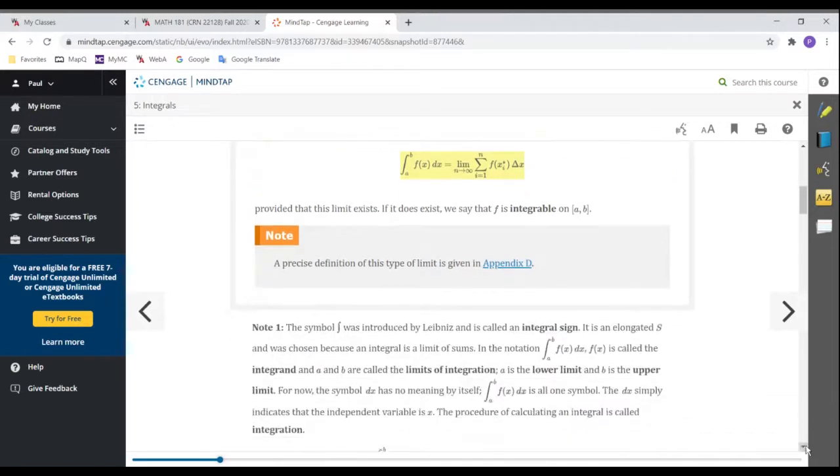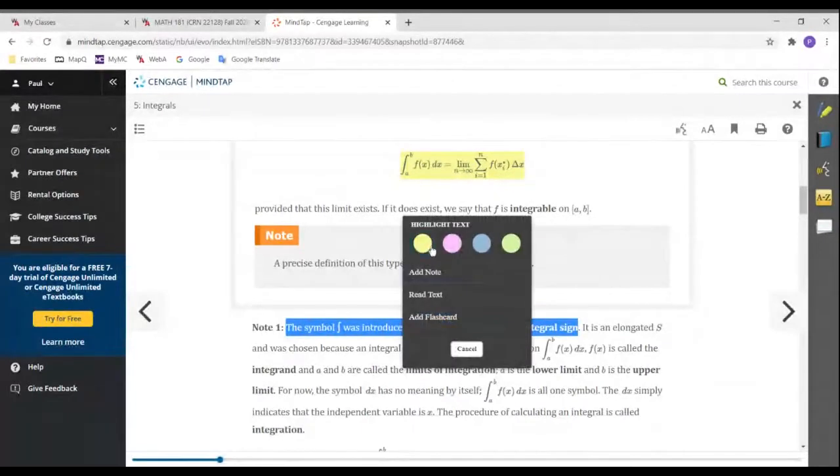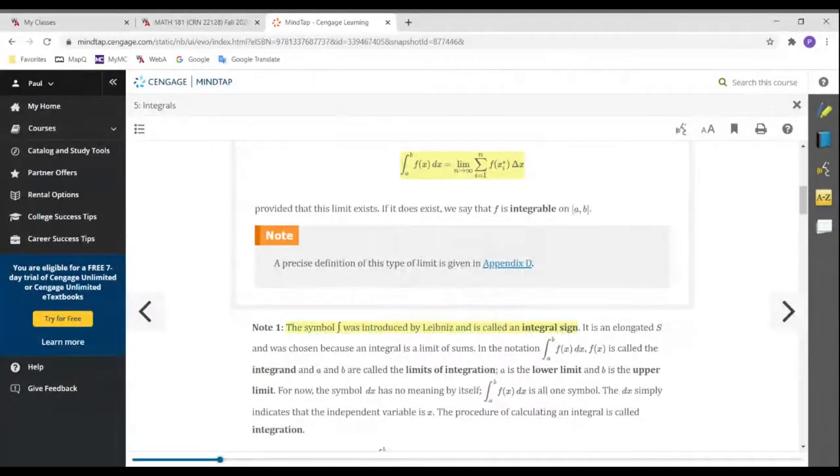Okay, that's a definite integral. This curly symbol here is what's called an integral sign. It's an elongated S and was chosen because the integral is the limit of a sum.